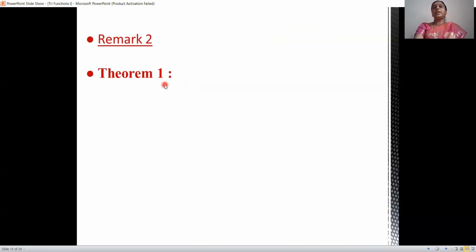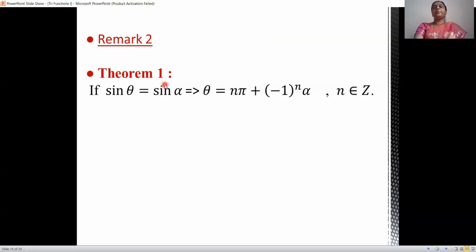See, in your new syllabus, if the trigonometric function is of the type sin theta is equal to sin alpha, then that implies that the general solution for this function is theta is equal to n pi plus minus 1 raised to n into alpha, where n belongs to Z. This is given as a theorem in your textbook, but you remember this only as a formula.